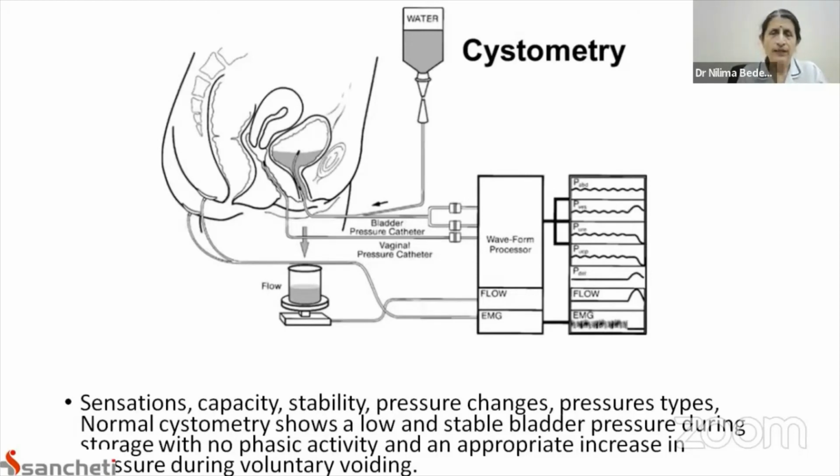So the abdominal pressure and the pressure in the bladder, subtraction gives us the pressure inside the bladder. So we can measure these pressures while the bladder is being filled through the catheter.